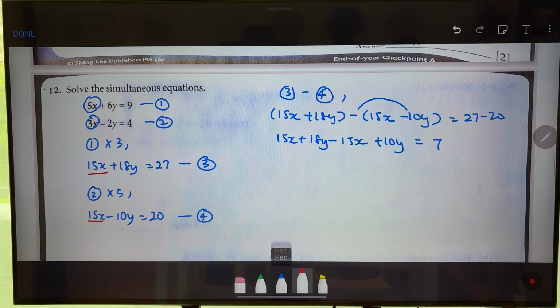Okay, so from here, our 15x is gone. 18y plus 10y, 28y equals 7. So from here, y equals 1/4. Did you all get 1/4? Yeah. Then from here, we substitute y equals 1/4 into equation 1, 2, 3, or 4. Which one is easiest for us? Equation 2, okay.